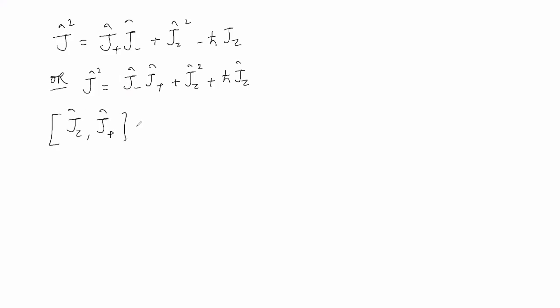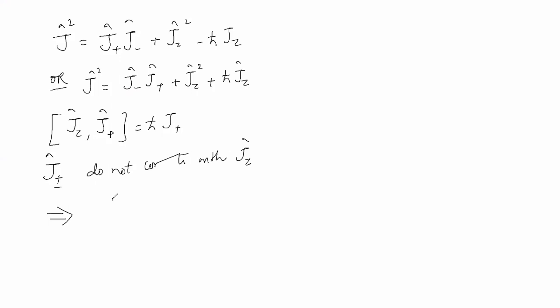Suppose when I wrote Jz J plus, this was equal to ħ J plus, and similarly this was true for Jz J minus. That means they don't commute. This implies that J plus minus do not commute with Jz.